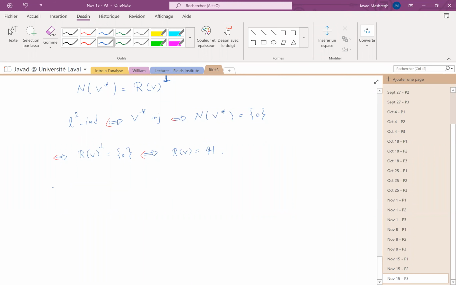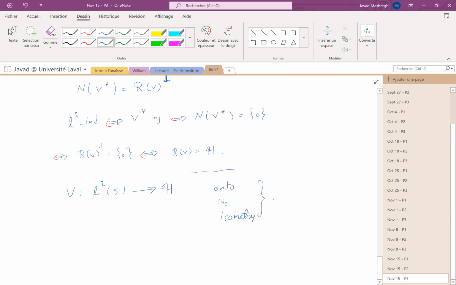To resume what we have up to now, we have V from L2 of S to H. We know that it's onto, and we know it's injective, and we know it's an isometry.